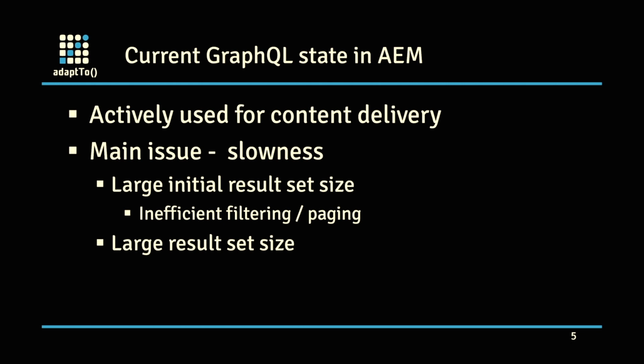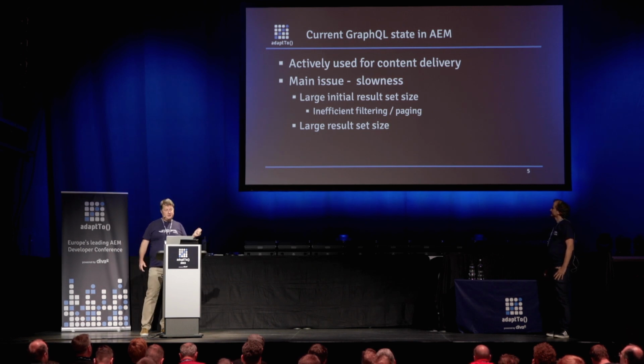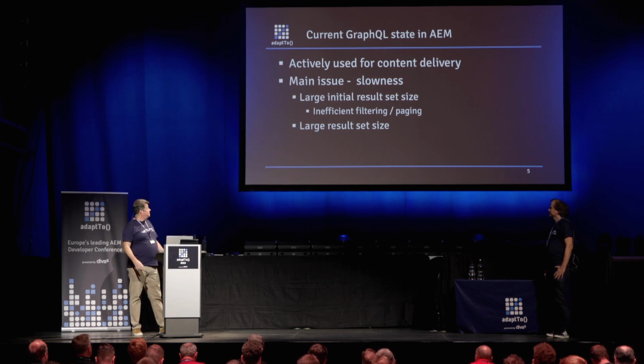We analyzed a number of our customer queries, and what we discovered is that most of the time it is because of ineffective filtering or pagination, or it might be the absence of both. All this leads to a large initial result set size.